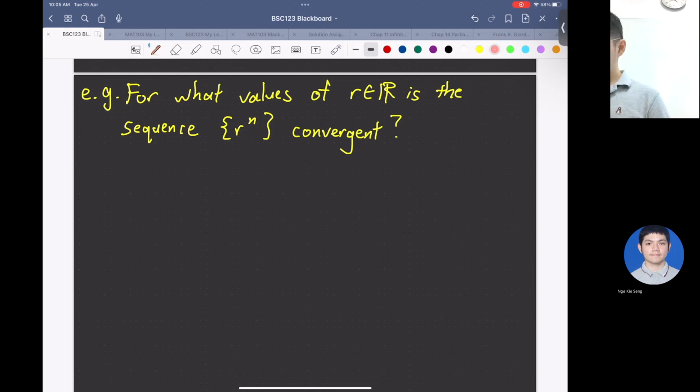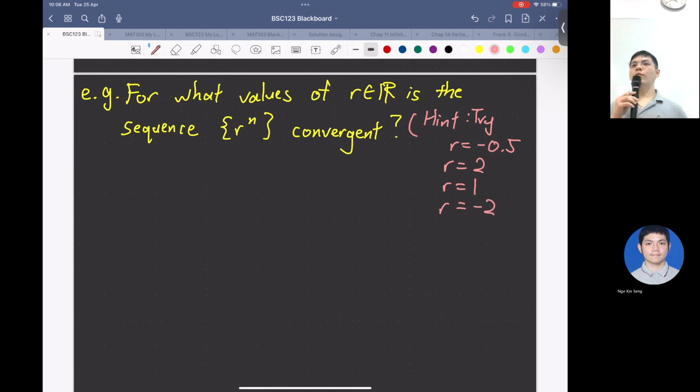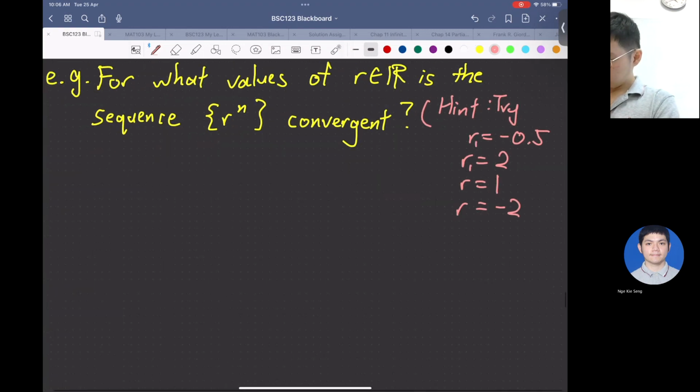Okay, I want you to try an experiment now. Try, for example, r equals minus 0.5, r equals 2, r equals 1, r equals minus 2. See whether this sequence converges or diverges. You need to take the power of this number and see whether the sequence you get converges or diverges.